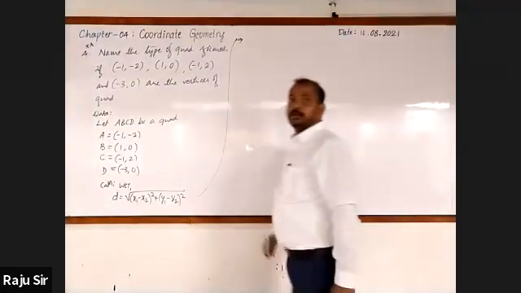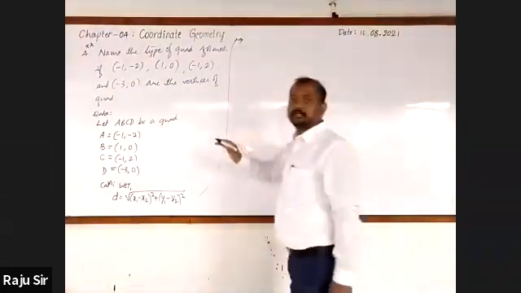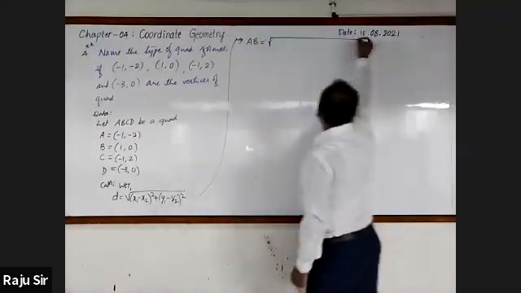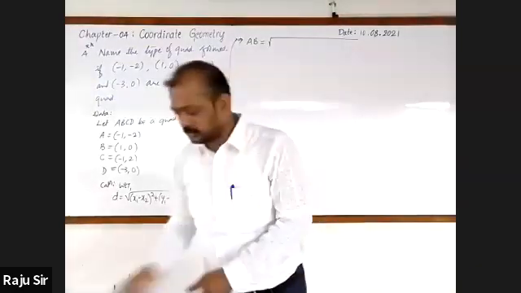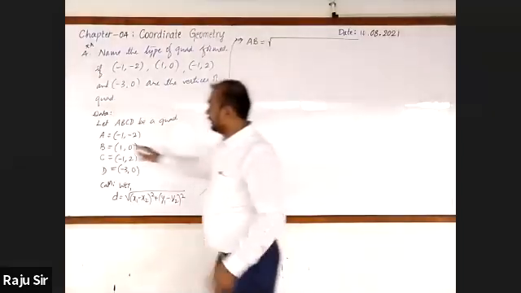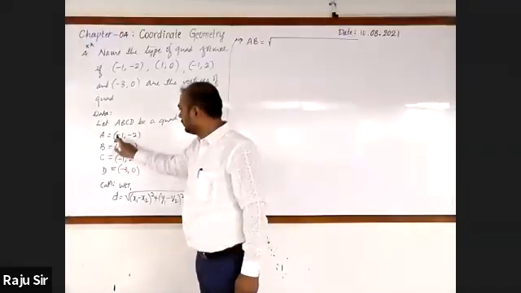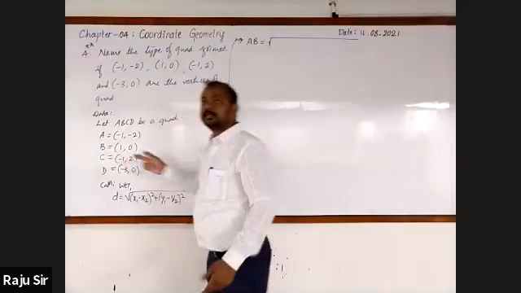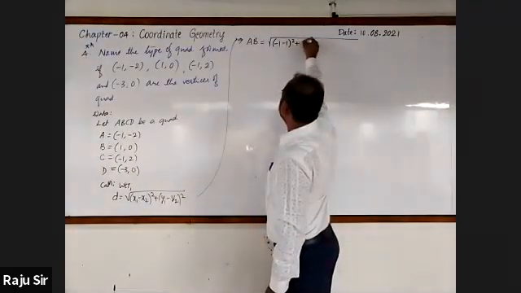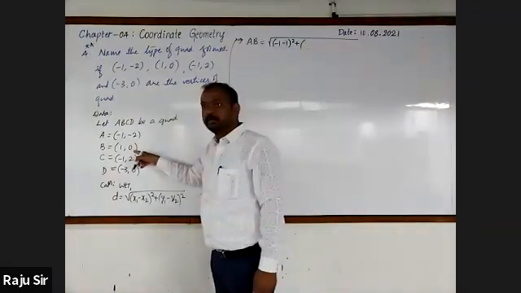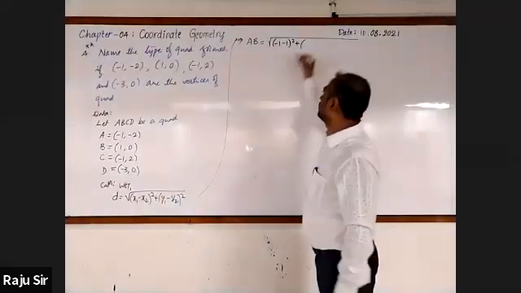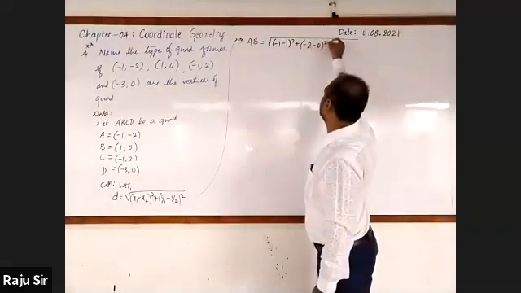Let us find out all the sides. First, I'll go for AB. AB is the square root of (x1 minus x2) whole square, minus 1 minus 1 whole square, plus (y1 minus y2) whole square, minus 2 minus 0 whole square.